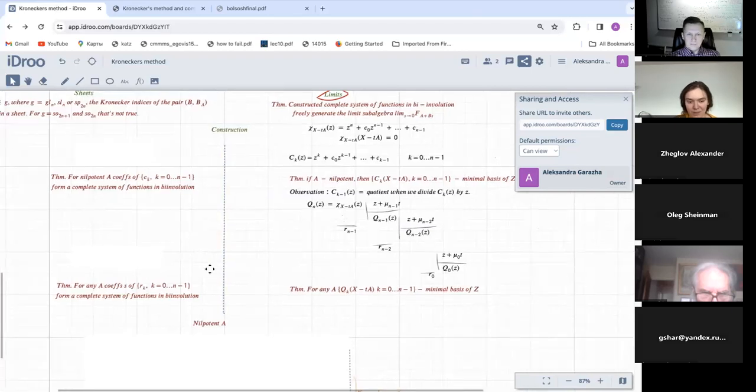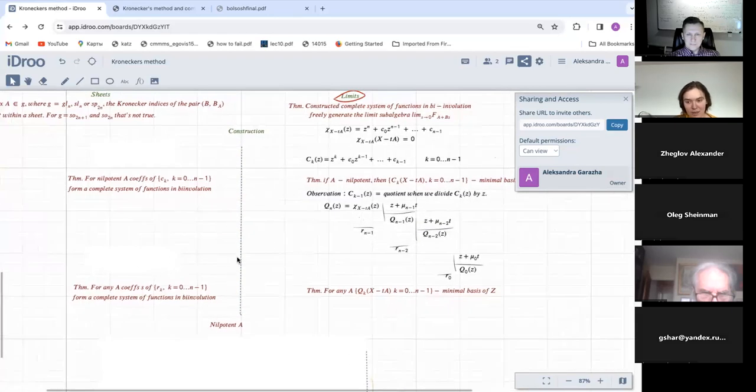It was not very beautiful, but then Ernest Borisovich Vinberg, my scientific advisor, noticed, very unexpectedly, that when we integrate these quotients, we obtain the remainders that we have during this division.